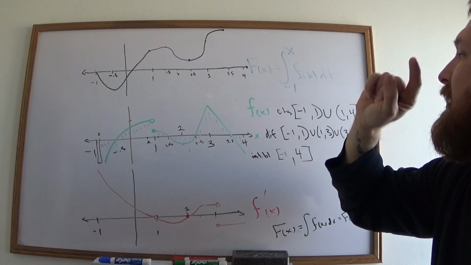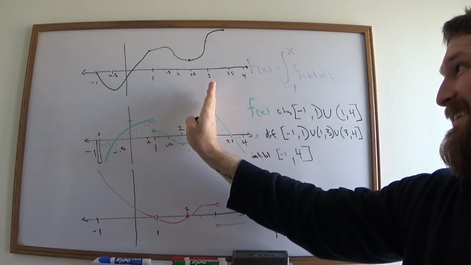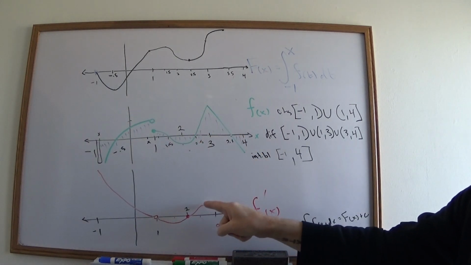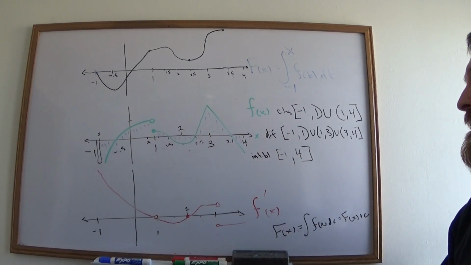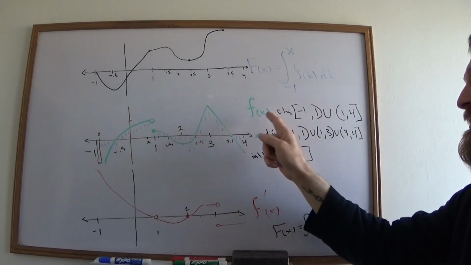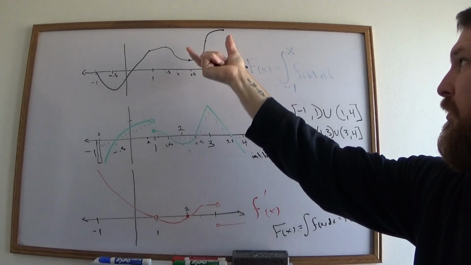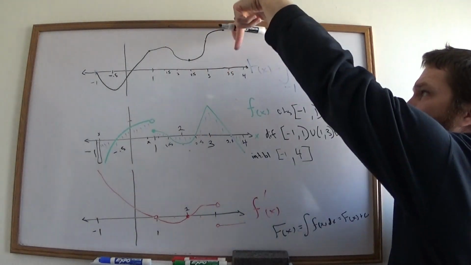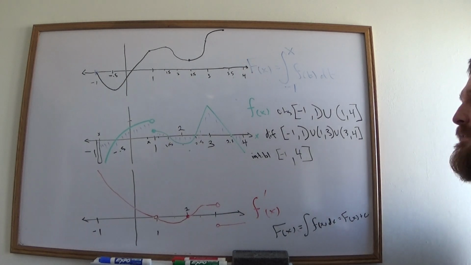Its second derivative is positive here, and its second derivative is negative here. So concave up, concave down. This is all of calculus right here.